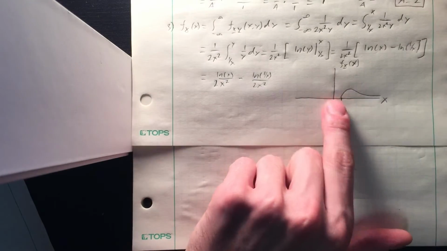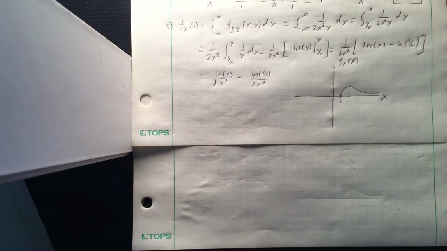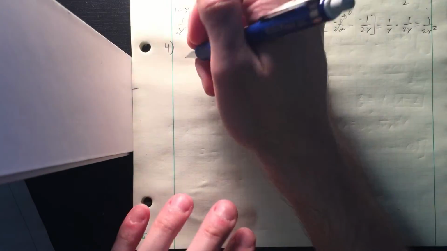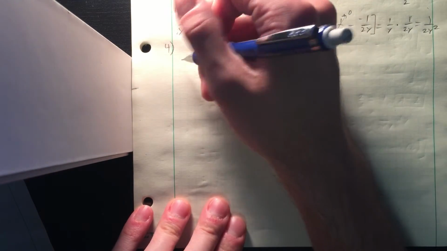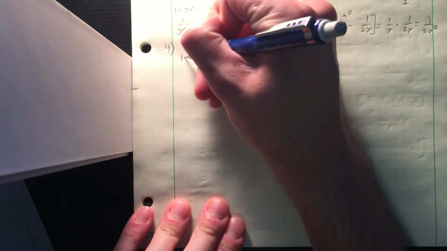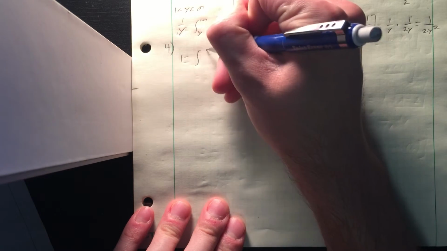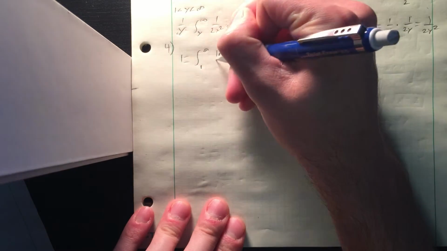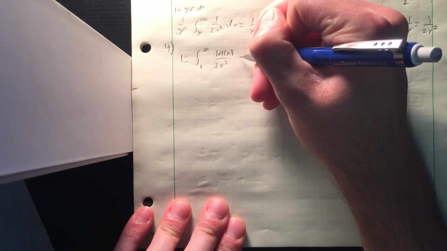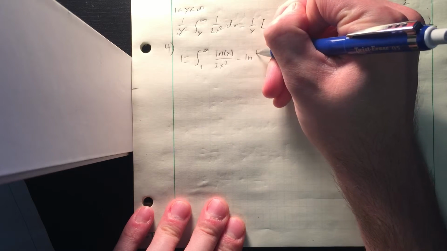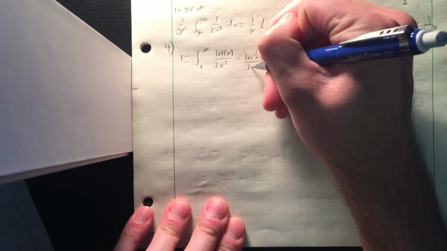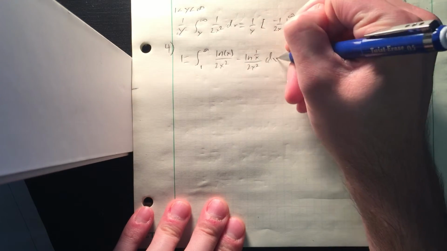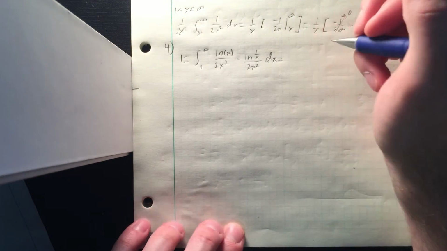So as a reminder, for x, we have to integrate this from 1 to infinity and find if it is accurate. It should be 1, so 1 is equal to integration from 0 to 1 of ln x over 2x squared minus ln 1 over x over 2x squared dx.